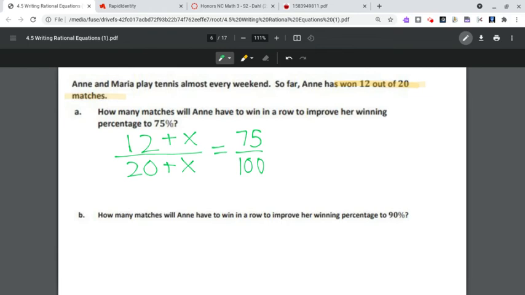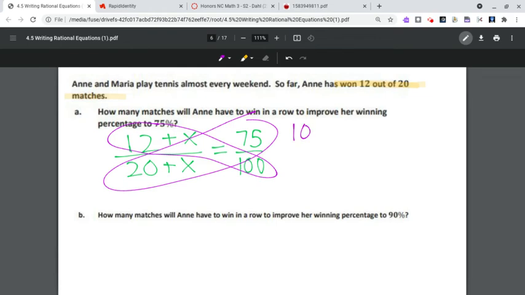Then you create your proportion and you cross multiply here and here. We're going to set it up: 100 parentheses 12 plus X equals 75 parentheses 20 plus X.